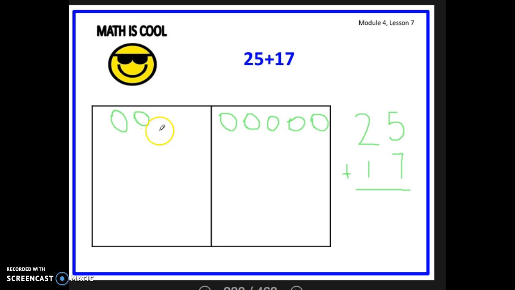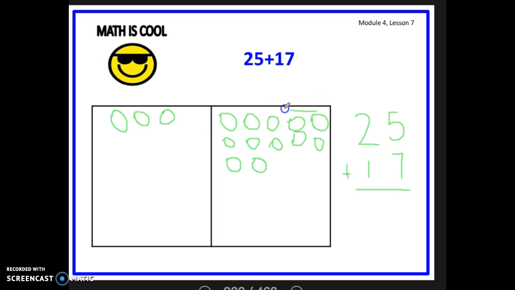Now I'm going to build 17. 10, 11, 12, 13, 14, 15, 16, 17. Okay, do I have enough ones to make a new 10?